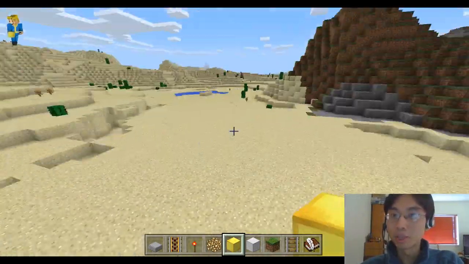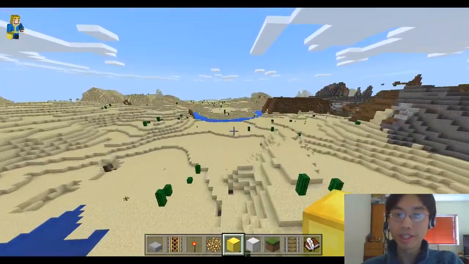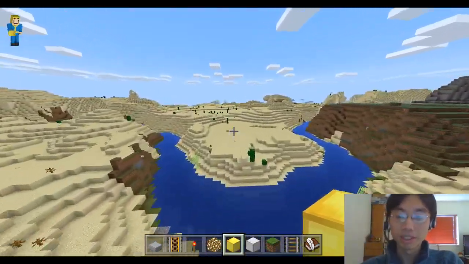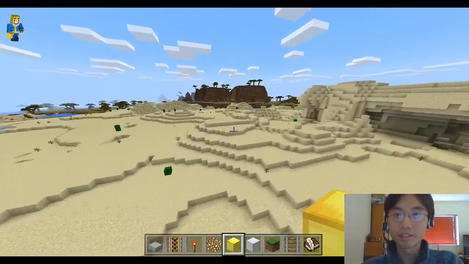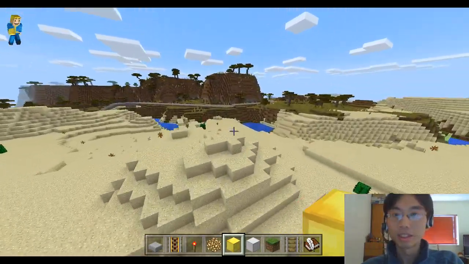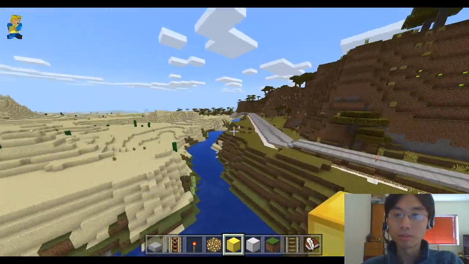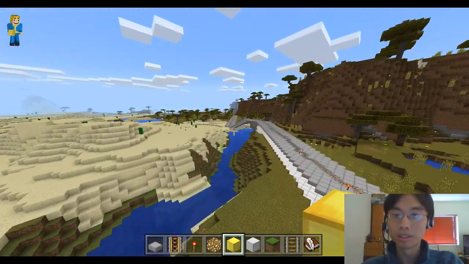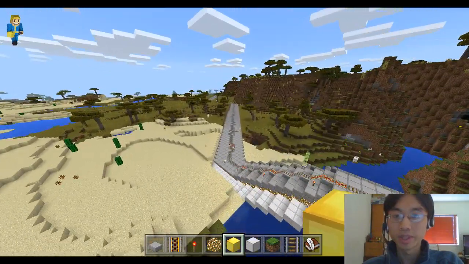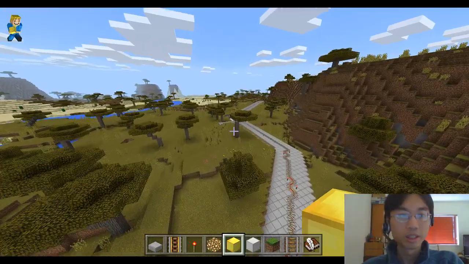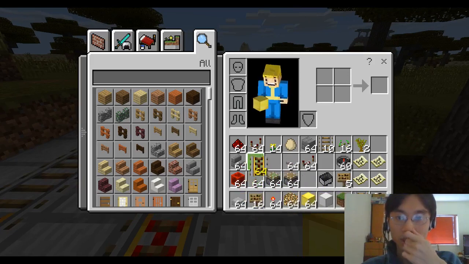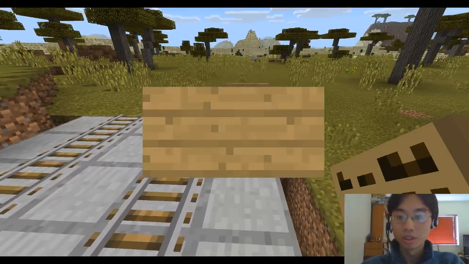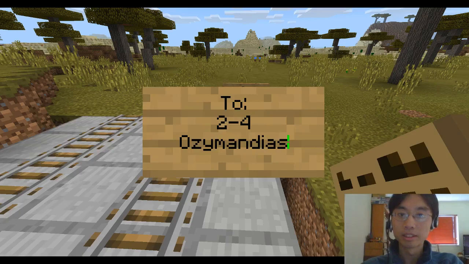Okay, so this is Folly. It's a well in the middle of nowhere. Oh, did I put the signs in? I didn't put the signs in the last one, did I? And Folly, I guess, can join up here. Alright, Folly can join up here. We're not going to join up at the bridge. That'll be a little bit awkward. Signs, and we go 2-4 Ozymandias.